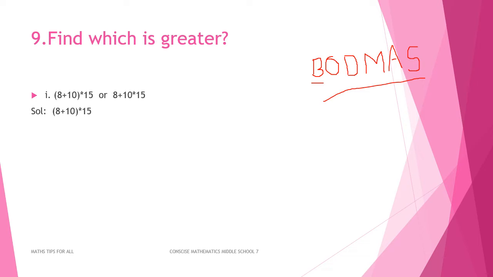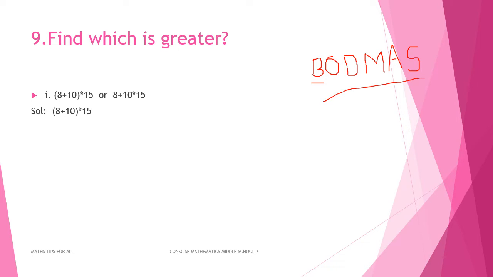B for bracket. That means always we need to solve the numbers which are in the bracket. That is 8 plus 10 should be solved first, because according to BODMAS rule, B means bracket. So always you have to solve the numbers which are in the bracket.